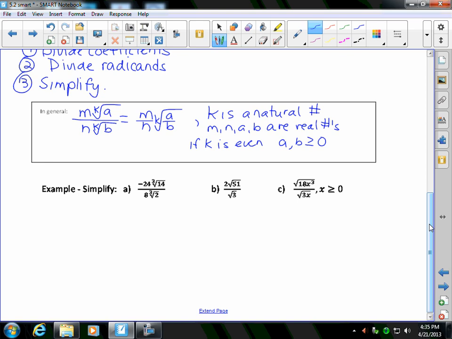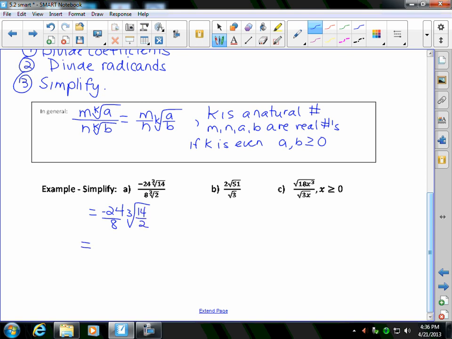Okay, another example. Negative 24 times cube root of 14 divided by 8 times cube root of 2. So if I break this up, I'm doing negative 24 divided by 8, and I'm doing the cube root of 14 divided by 2.